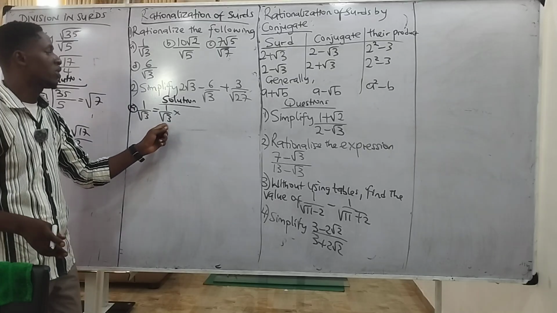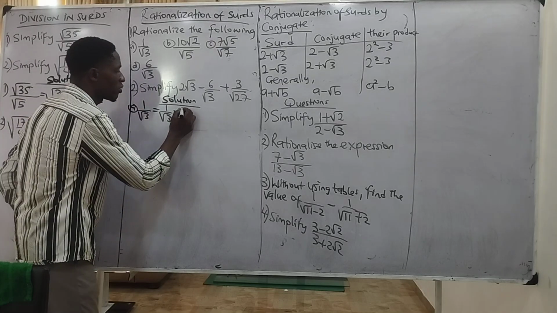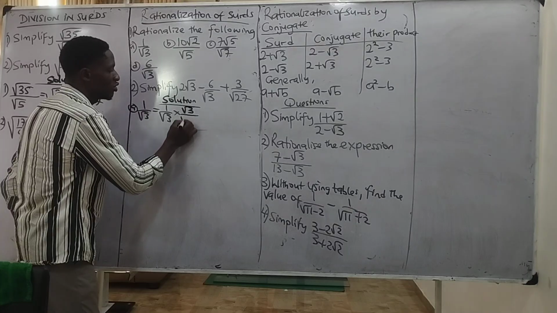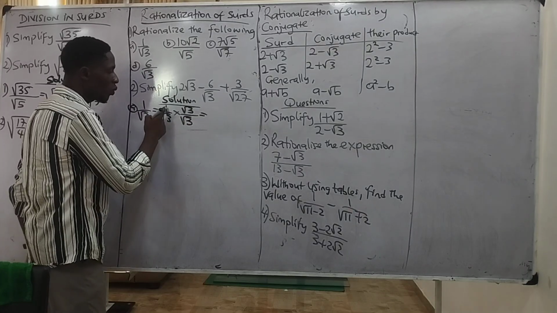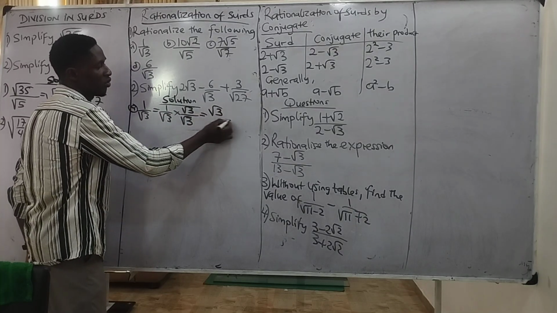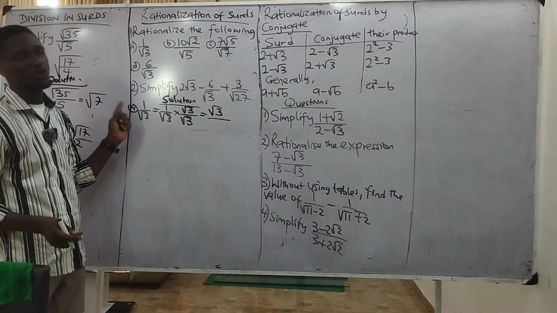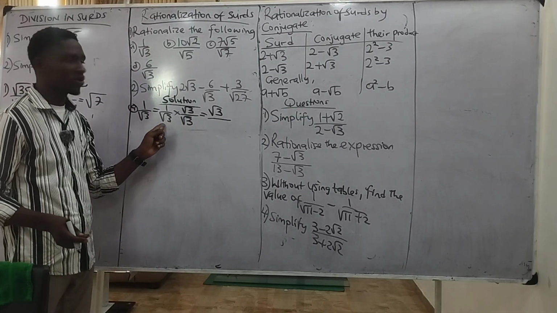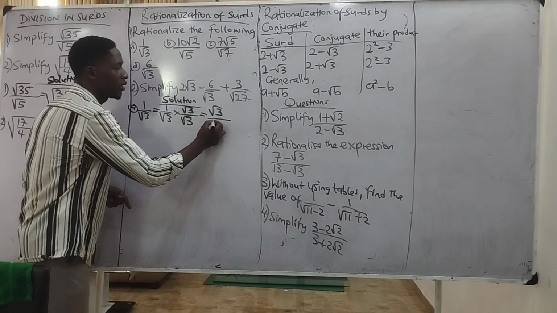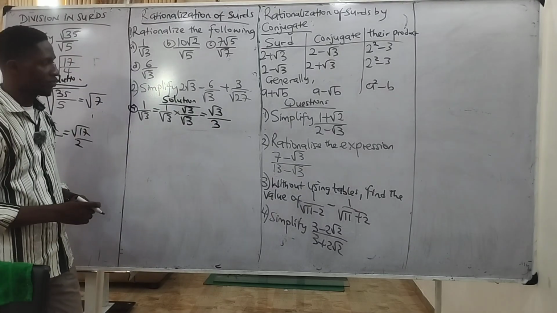From here you can see we have root 3, so I'll multiply the numerator and the denominator by root 3. 1 times root 3 is root 3 over, from our last video, we said that when the numbers are the same, you can see we have 3 here and 3 here, I'll pick 3, and that is the answer.